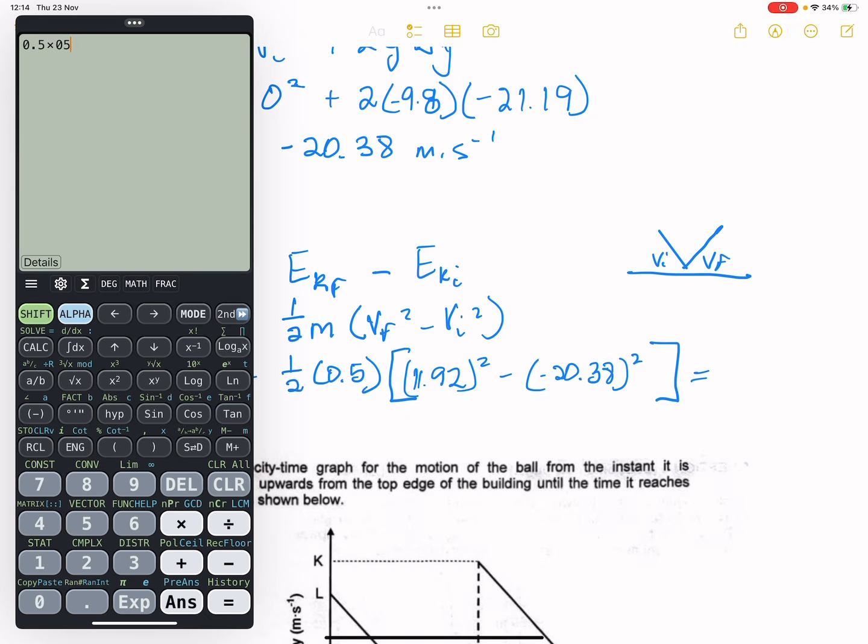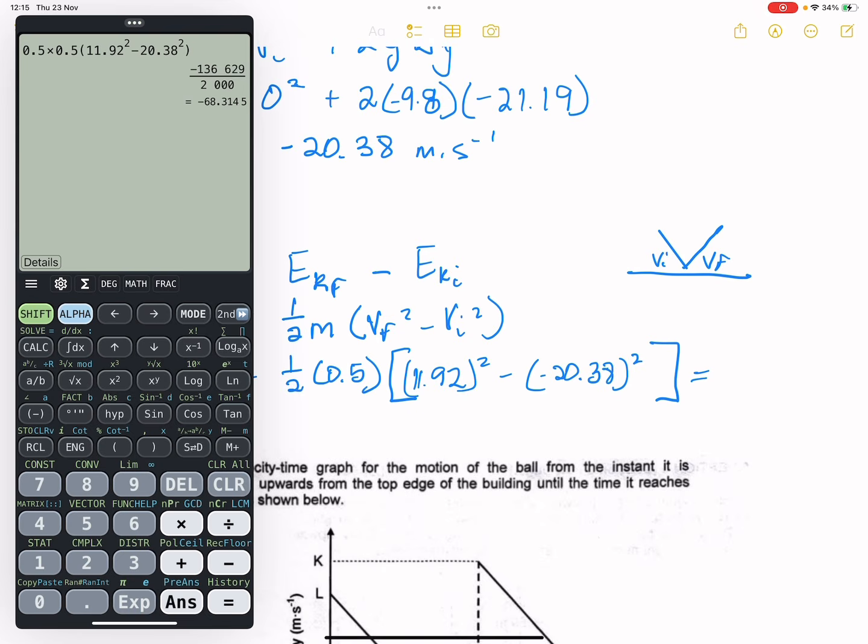So in this case, we're going to say 0.5 times 0.5, multiplied by 11.92 squared minus 20.38 squared. Okay, and what do we get there?